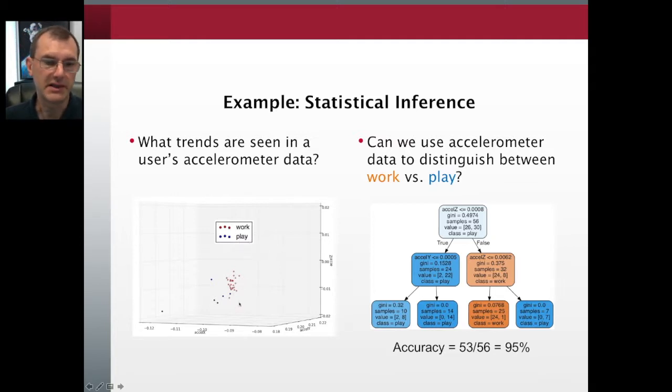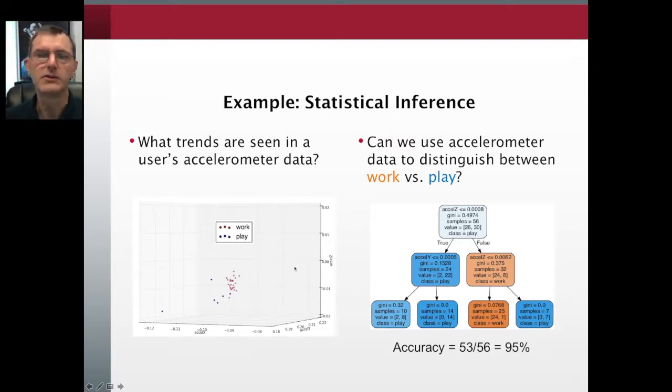And so here we can see that the points for the work activity are pretty closely clustered together here, whereas the points for play are a little bit further away from that tight clustering. In fact, there are several points for the play activity that are off this particular plot range. So at this point, at least, we can see some general trends in the data.